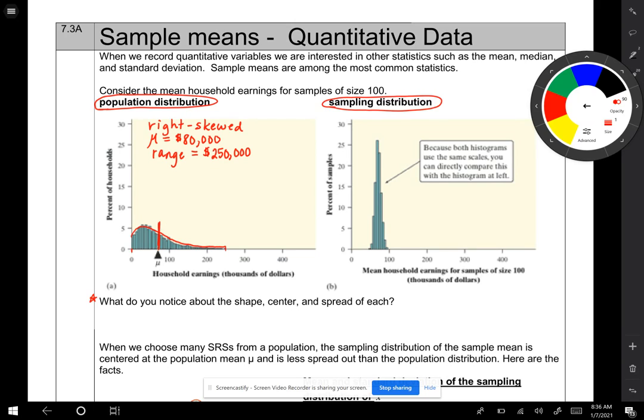As far as the sampling distribution goes, this is of samples of size n equals 100. Samples of size 100 are taken from the population distribution, and then their means are graphed, and the result is that sampling distribution. As you can tell, this is more symmetrical looking, so I will put that information down here.